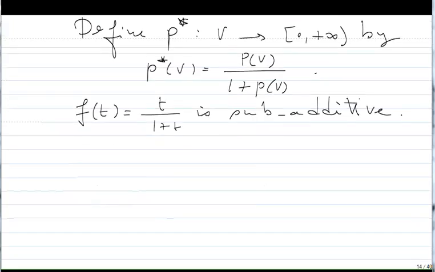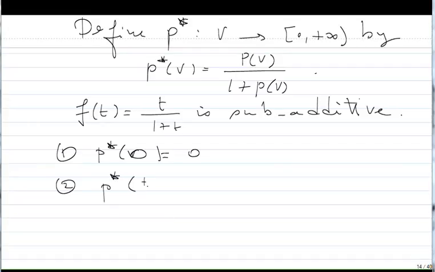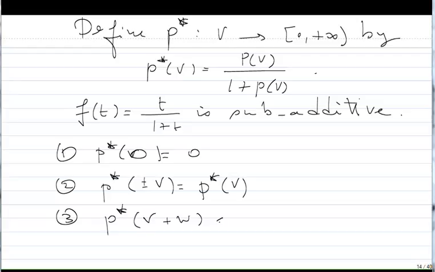So what are the properties of P star? P star is no longer a seminorm. But what happens is the following. Number one, P star of 0 is equal to 0. Number two, P star of plus minus V is equal to P star of V. Number three, P star satisfies the triangle inequality.